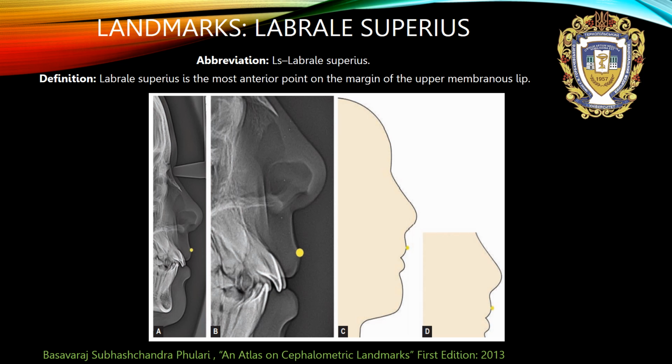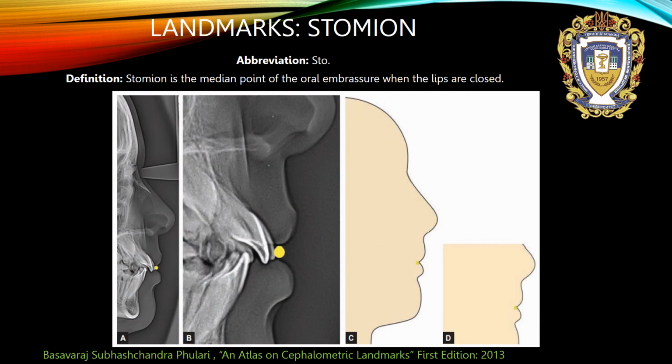Labrale superius is the most anterior point of the margin of the upper membranous lip. Stomion point is the median point of the oral embouchure when the lips are closed.